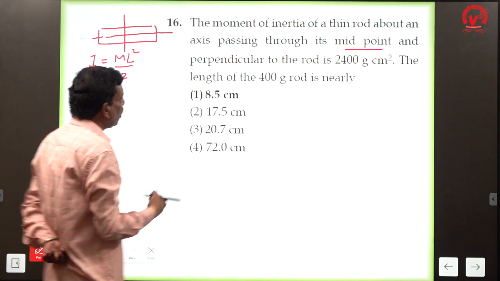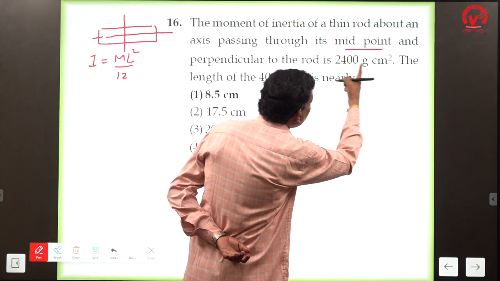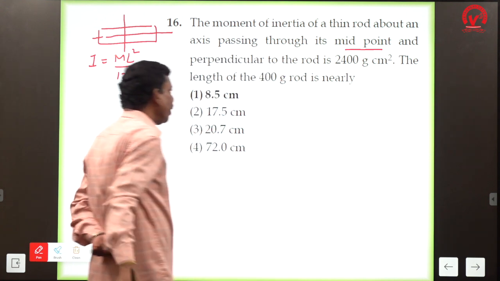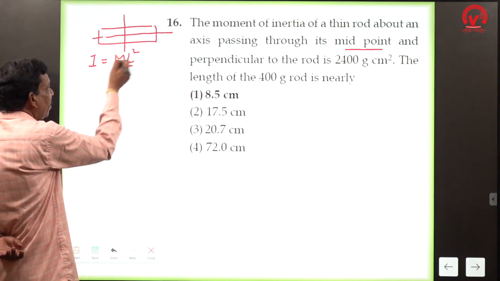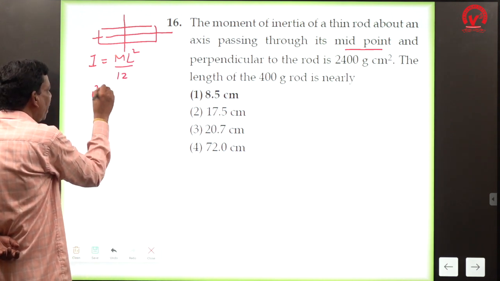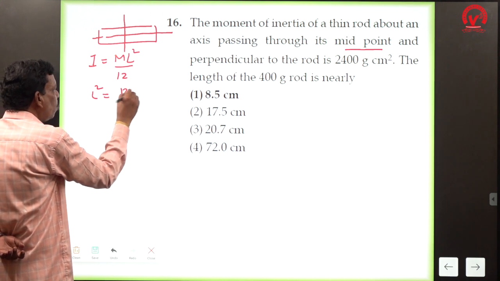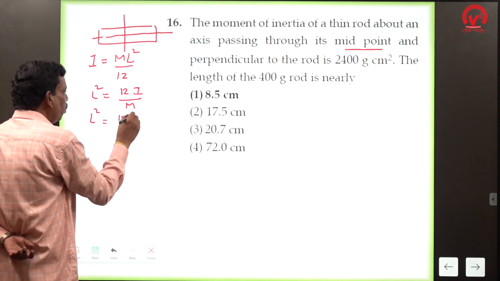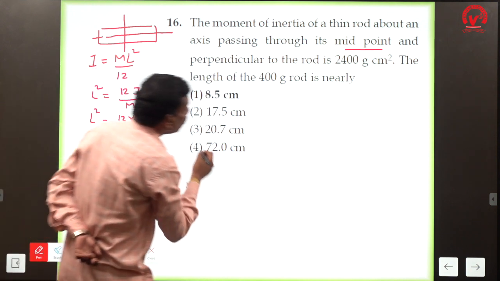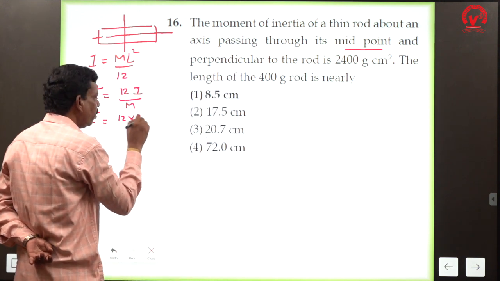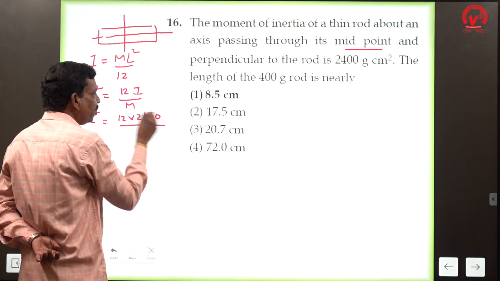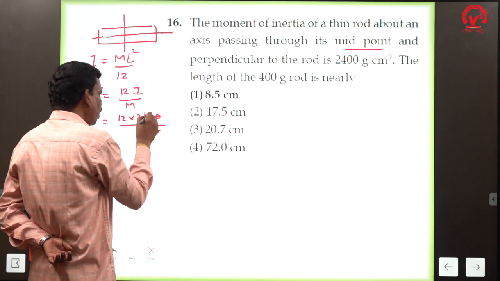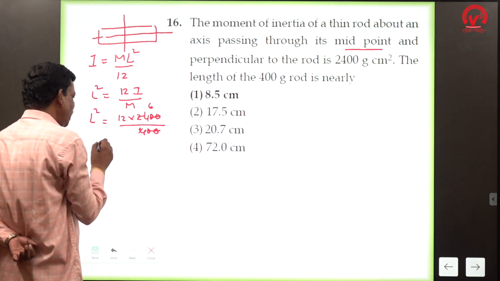They ask the length of the rod, 400 gram. By cross multiplication, m comes to the denominator. L squared is equal to 12I by m. L squared equals 12 into 2400 by 400. 4 cancels, 6 ones are 6, 12 6s are 72.